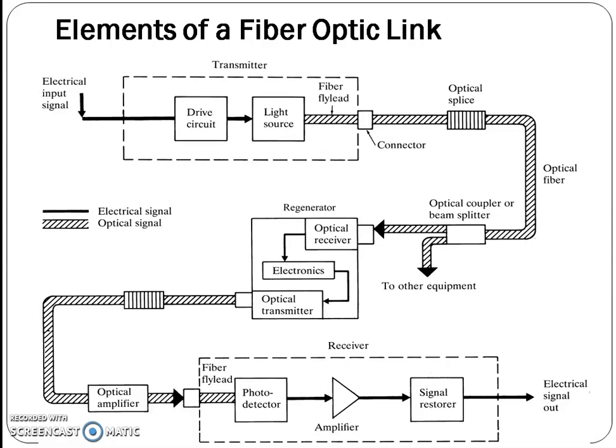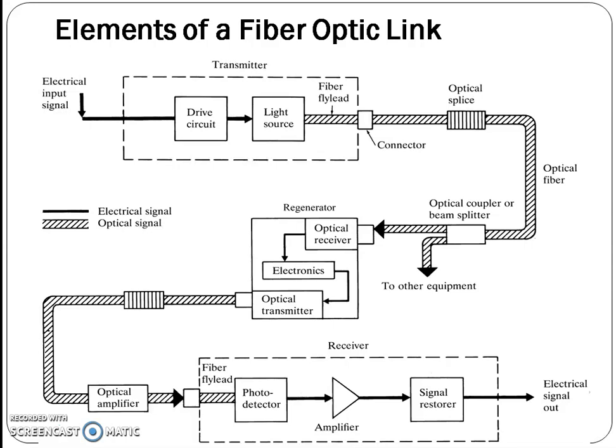Then comes the elements of a fiber optic link. A simple point-to-point fiber optic link consists of a transmitter, which includes a drive circuit and a light source, which is either a light emitting diode or a laser diode. Then we have optical fiber to carry the optical signal. Then we have regenerators or repeaters.